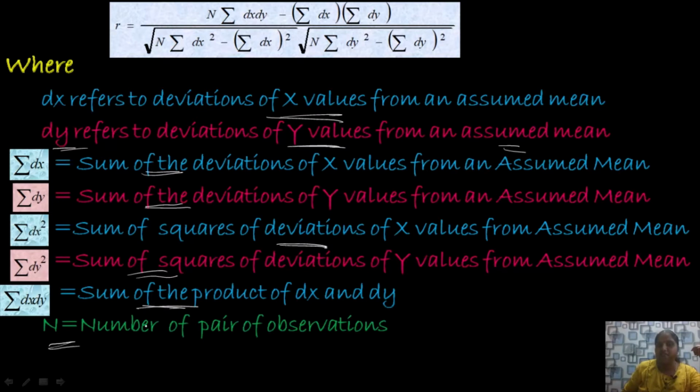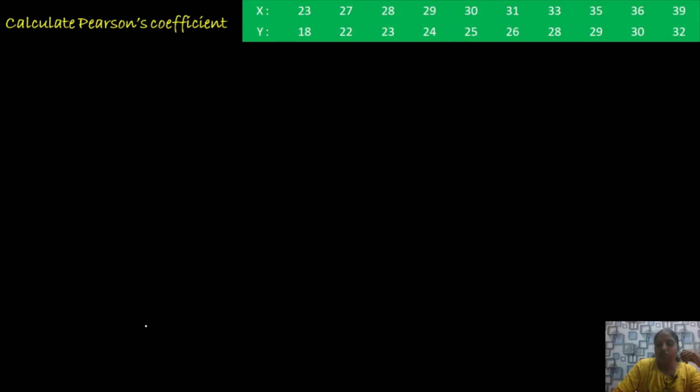Here n refers to the total number of pairs of observations. With this short introduction, let me now move on to an example and explain how to calculate the coefficient of correlation under this case.